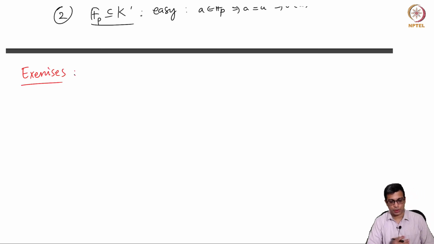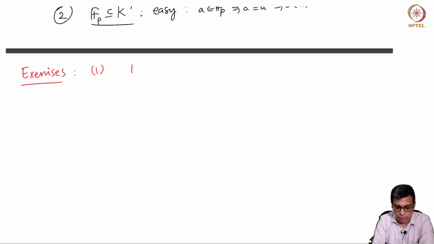Okay, if you have K over F an algebraic extension. Actually, one of the exercises is already done, so it is only one exercise, but I will recall it for you.